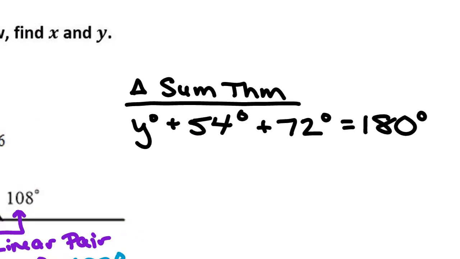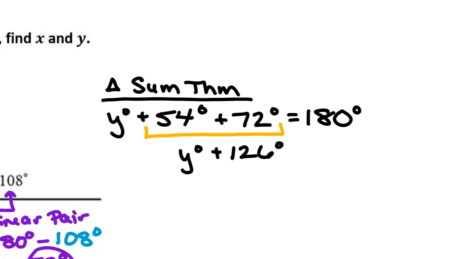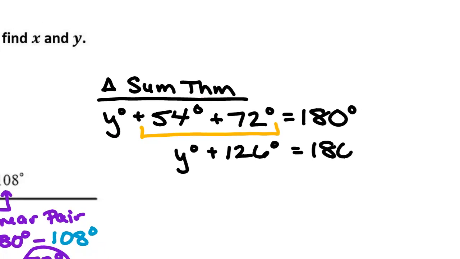I can combine my 2 like terms together, 54 and 72. What do you get when you add 54 and 72? 126. So y plus 126 equals 180.